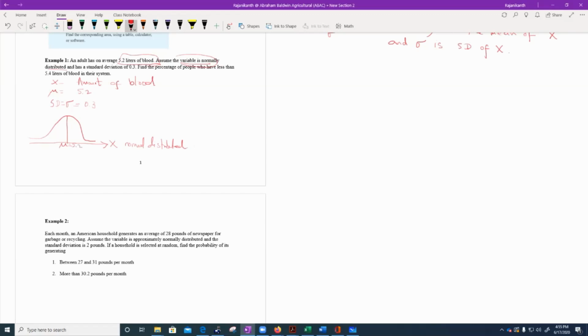Now you need to find out the area which is less than 5.4, since this is 5.2. So 5.4 will be somewhere here. Okay. So now the question is finding the area of the region which is less than 5.4. Therefore, we need to find out this area, right?